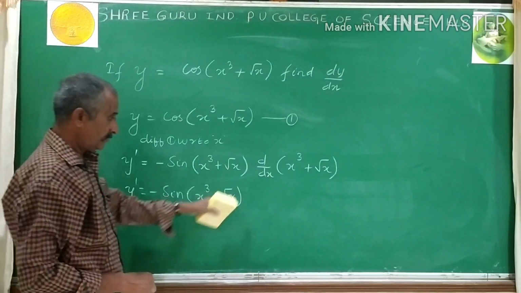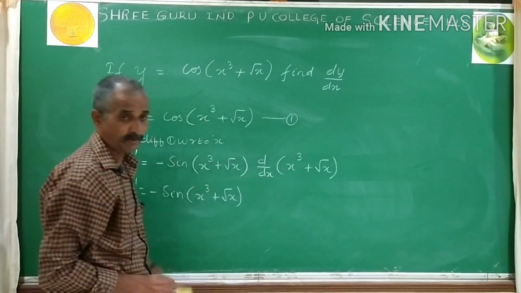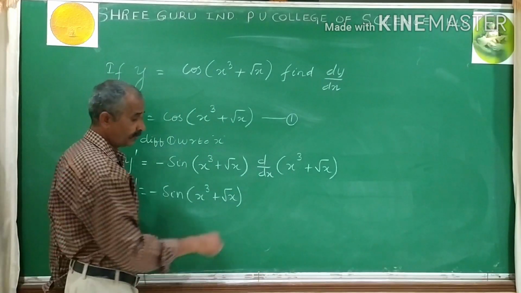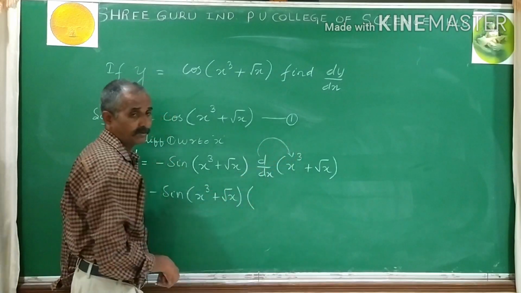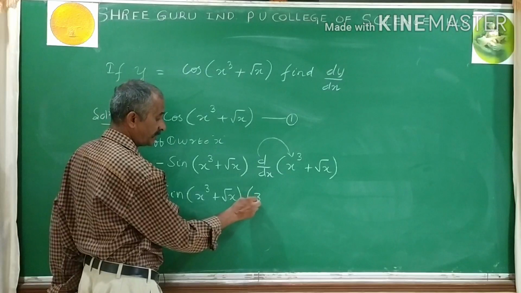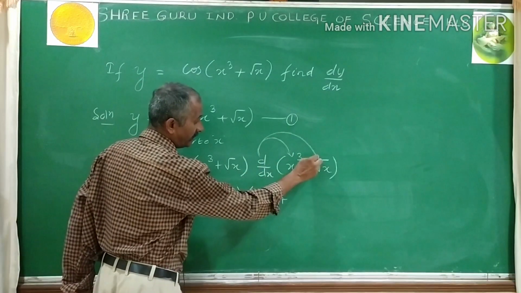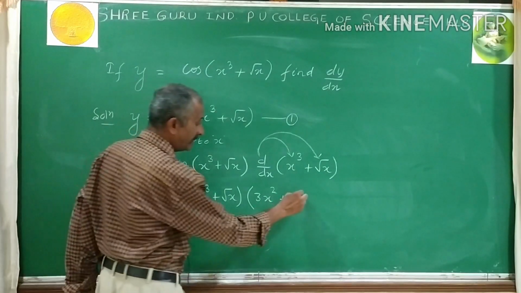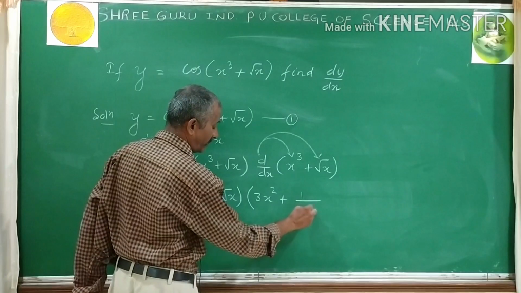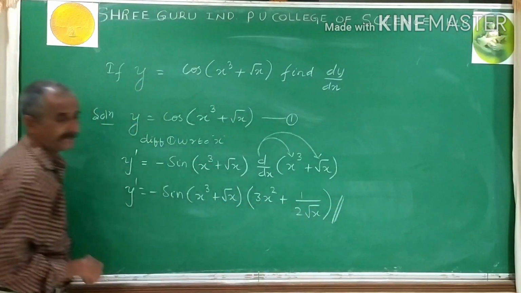To differentiate this function, we need to apply the sum rule because there is a sum of two functions. By the sum rule, first comes the differentiation of x cube, standard formula 3x square, followed by the differentiation of root x, also a standard formula, that is 1 divided by 2 into square root of x. That is the final answer.